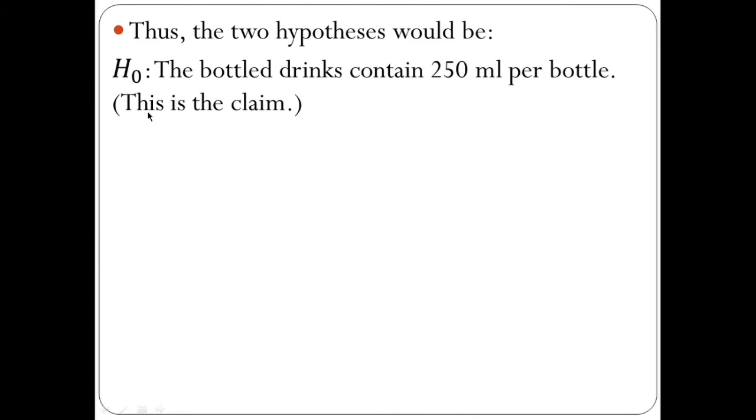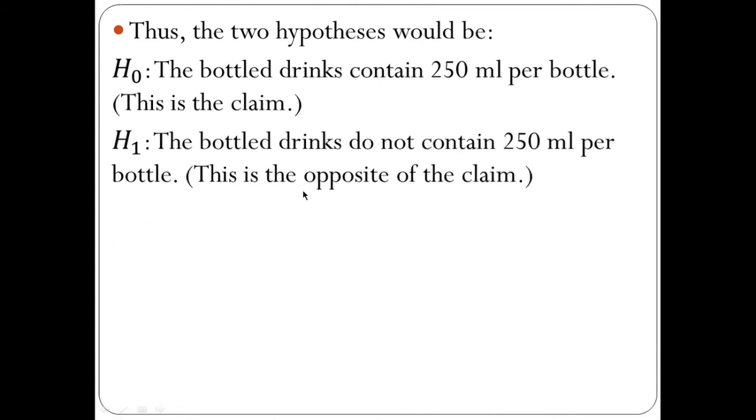Ito yung sa null hypothesis, okay? This is the claim. And yung alternative hypothesis natin or H sub 1, the bottle drinks do not contain. Okay, so this is the claim, ito yung haka-haka or sinasabi ng factory owner. Tama? Then H sub 1, ito na yung kasi hindi natin masasabi na tama yung owner.